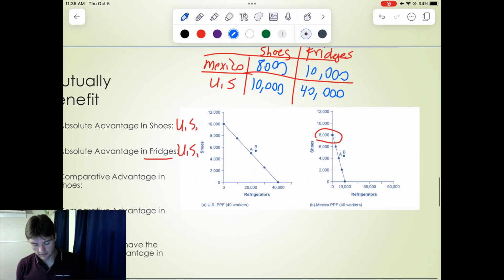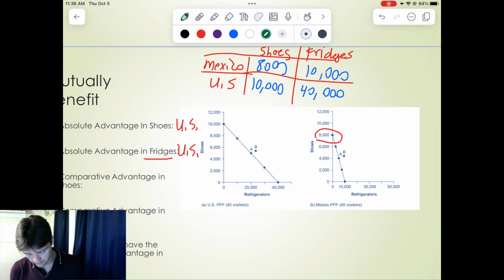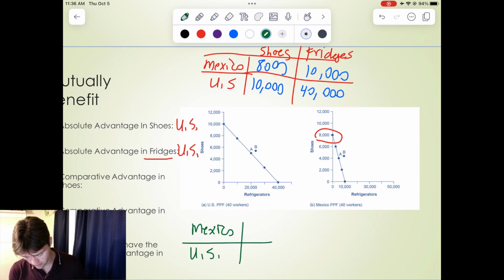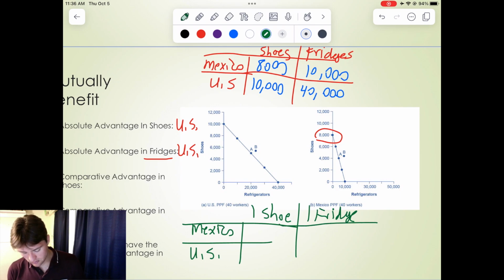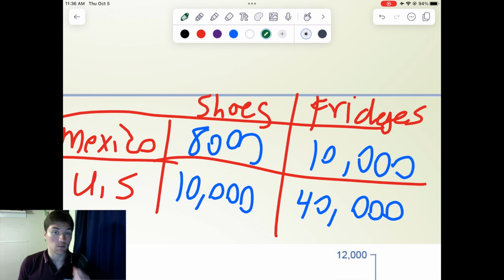The next thing is finding the comparative advantage. To do that, we need Mexico and the US. But now we're trying to find 1 shoe and 1 fridge. So we have 8,000 shoes for Mexico, and we want 1. So we'll do 8,000 divided by 8,000, and that'll give us 1 shoe.